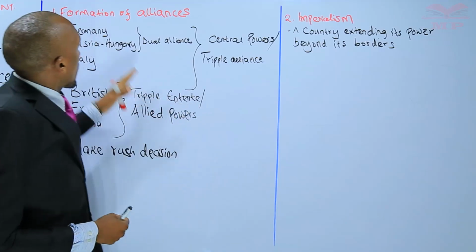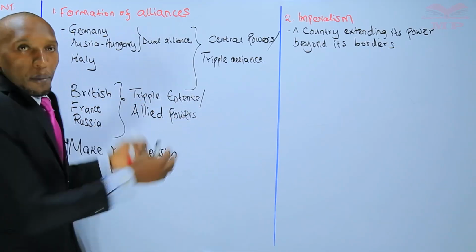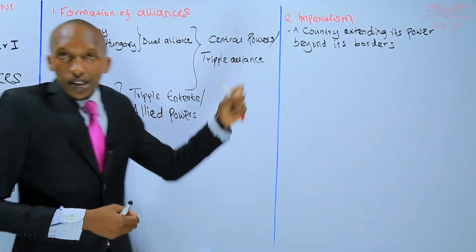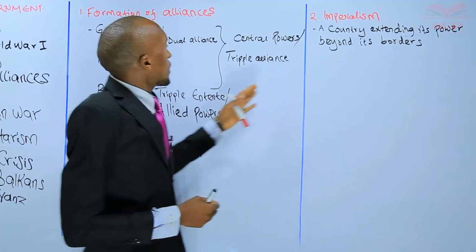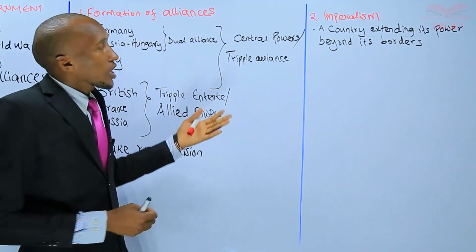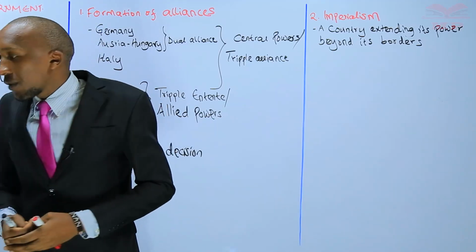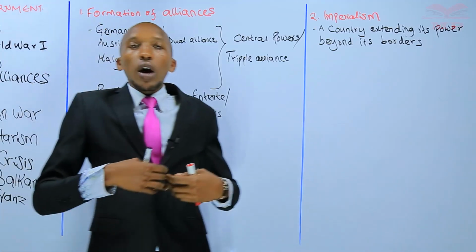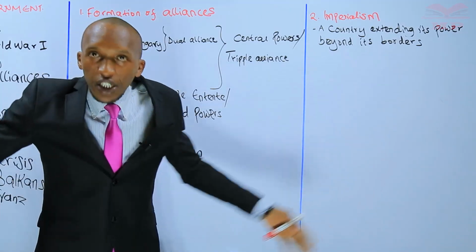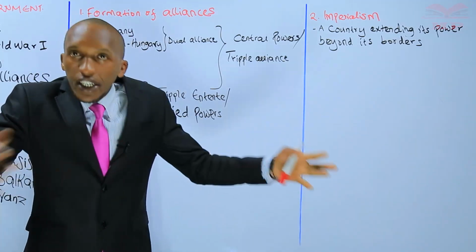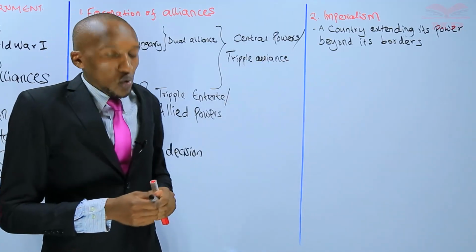These powers, which at that time we could call superpowers, wanted to exert their power over other areas. These countries were competing to find out who has more colonies, who has a bigger territory, who has more influence even in other places. So imperialism resulted in competition.